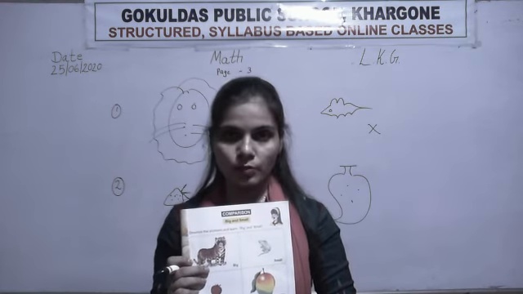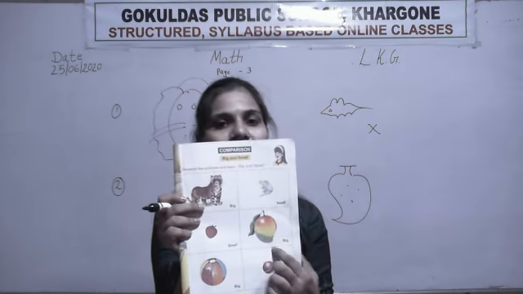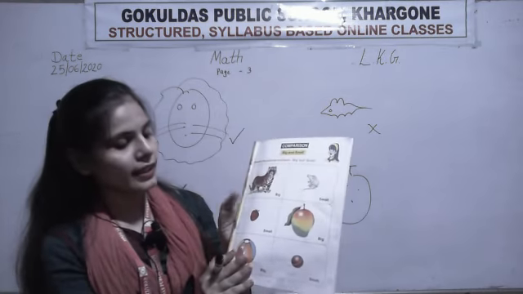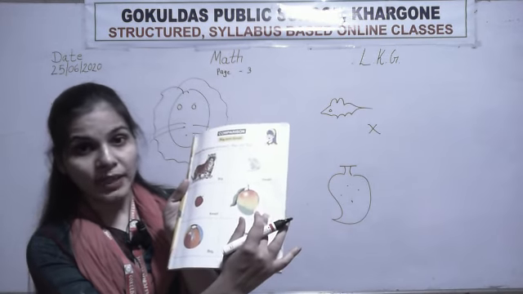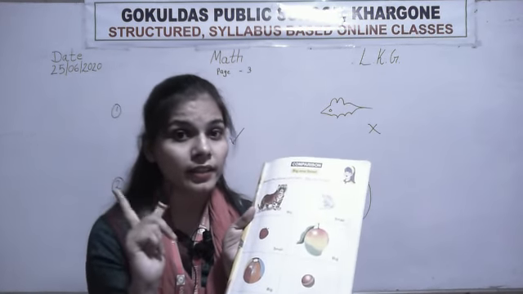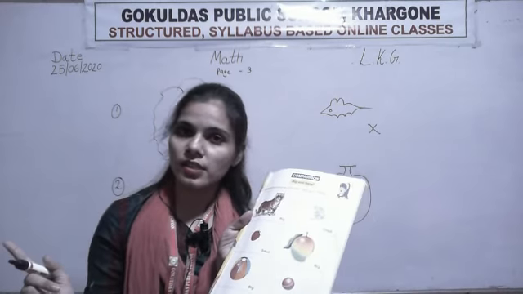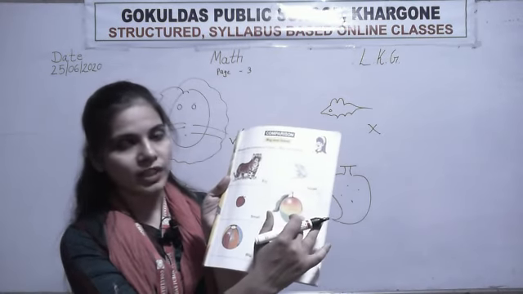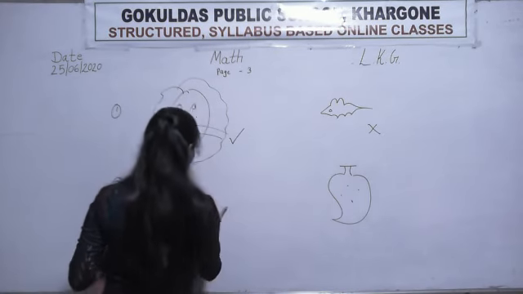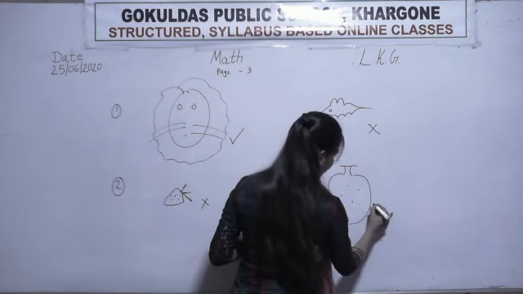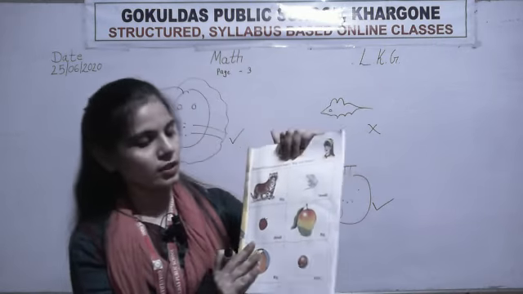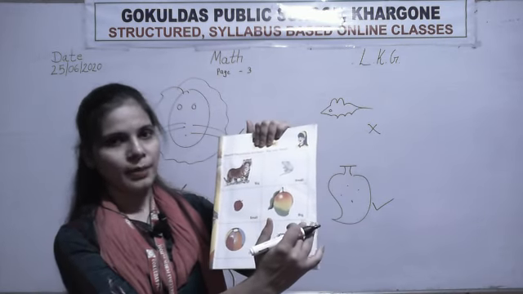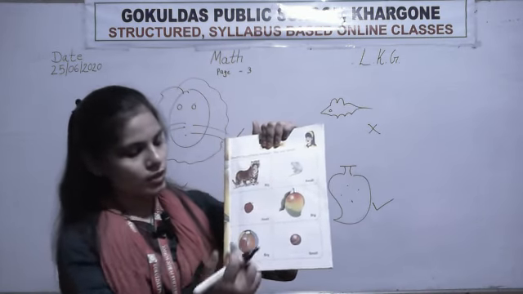Here is a small picture and a big picture. So here cross the small one and tick the big one. The condition is tick the big one and cross the small one. So here one small and one big. Cross the small one and tick the big one according to your notebook. Here small, big, big, small.